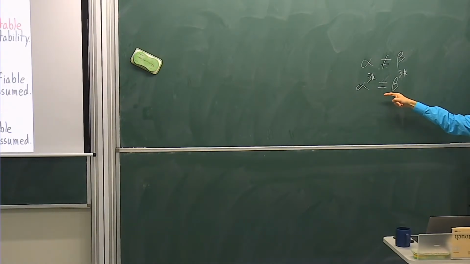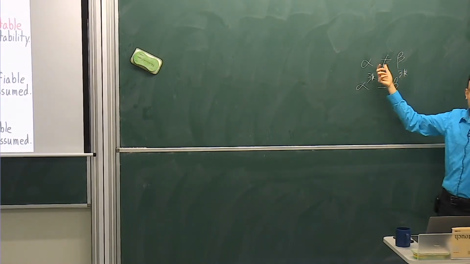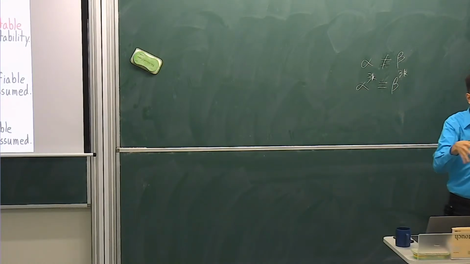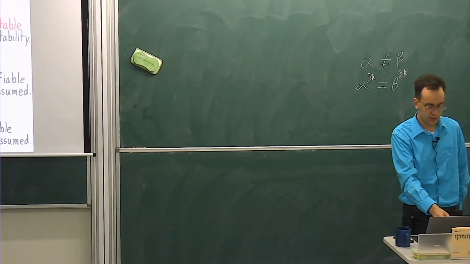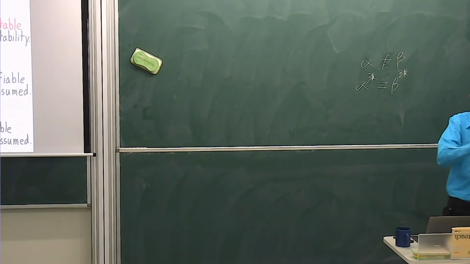So you can't have this over the reals, but you can have it over other fields. But knowing which is alpha and beta could involve checking exponentially many things. It's always a highly symmetric structure where you need to check.